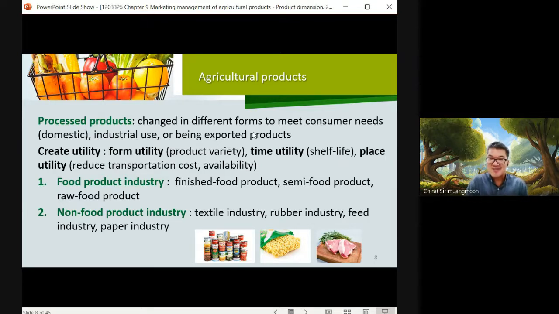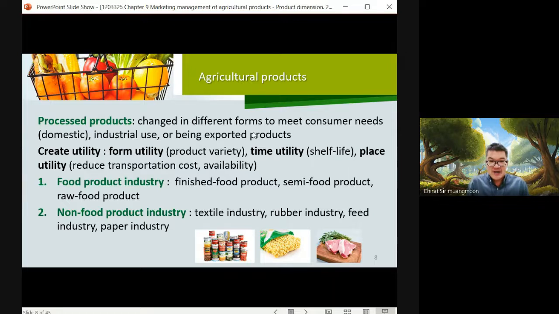So again, the processed product is actually you do some other process to change the form to meet the consumer need and want. So the processed product can be served to meet the consumer need domestically and also internationally. And also it can be used for industrial purpose as well.